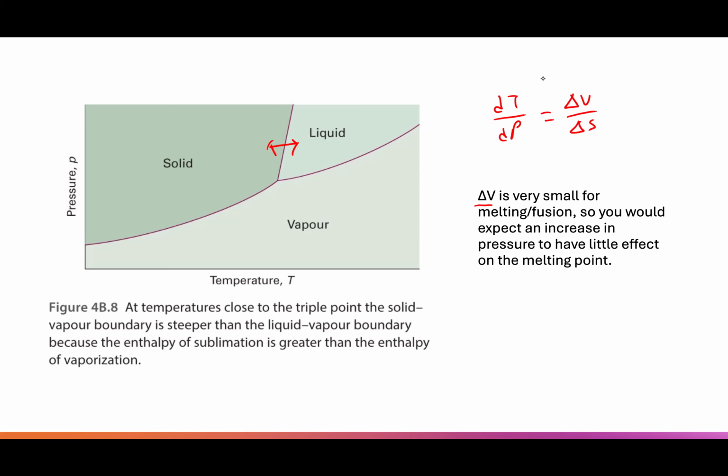Since delta V is very small, if we increase the pressure, it's going to have a very small effect on the melting point. This is a small number on top and a bigger number on bottom, so we get a very steep slope between solids and liquids, because we're not going to change temperature very much as we change pressure. If we increase the pressure like this, we end up with not a very large increase in temperature to go back to the line.